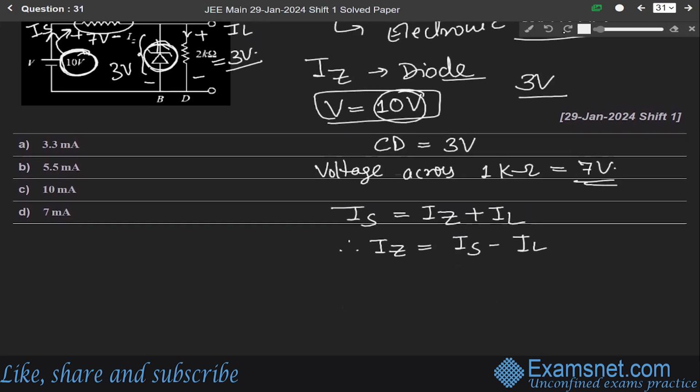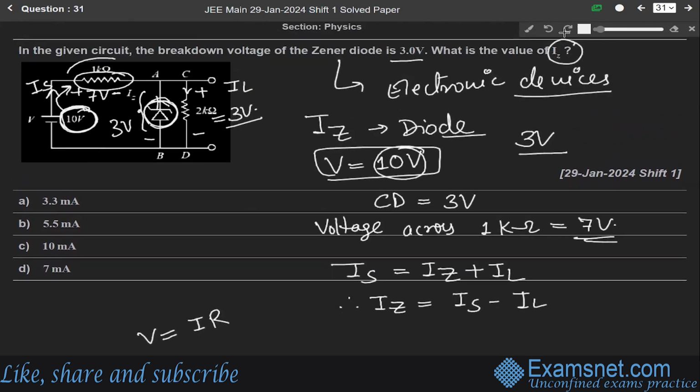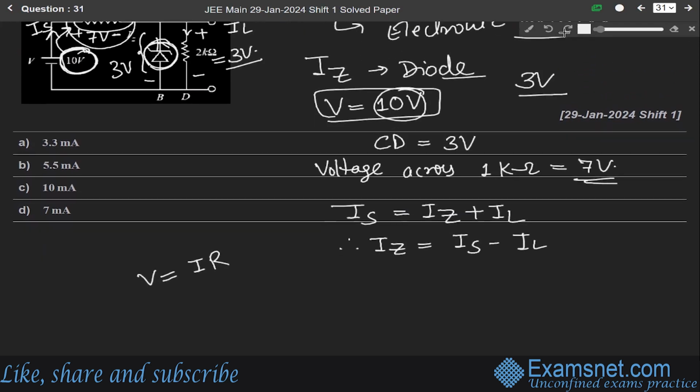So IS is what? From Ohm's law we know that V equals IR. So the current across this resistor 1 kilo ohm is I equals V over R. V is 7 volt and R is 1 kilo ohm, which means 7 milliampere.